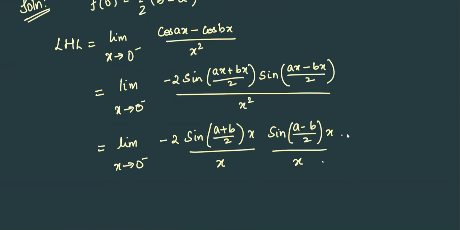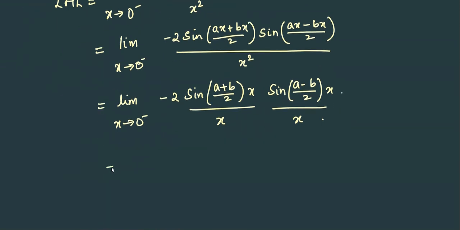Now this minus 2 is the answer for the left hand limit. Sine ax by x, as x tends to 0, is a.